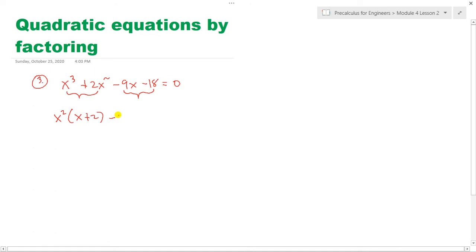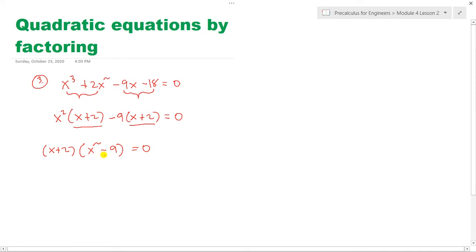So we have minus 9, then x plus 2 on the other side, is equal to 0. As you've noticed, class, we have a common factor for both terms, which is x plus 2. Therefore, we can factor that binomial out. So x plus 2, then what's left is x squared minus 9 is equal to 0.